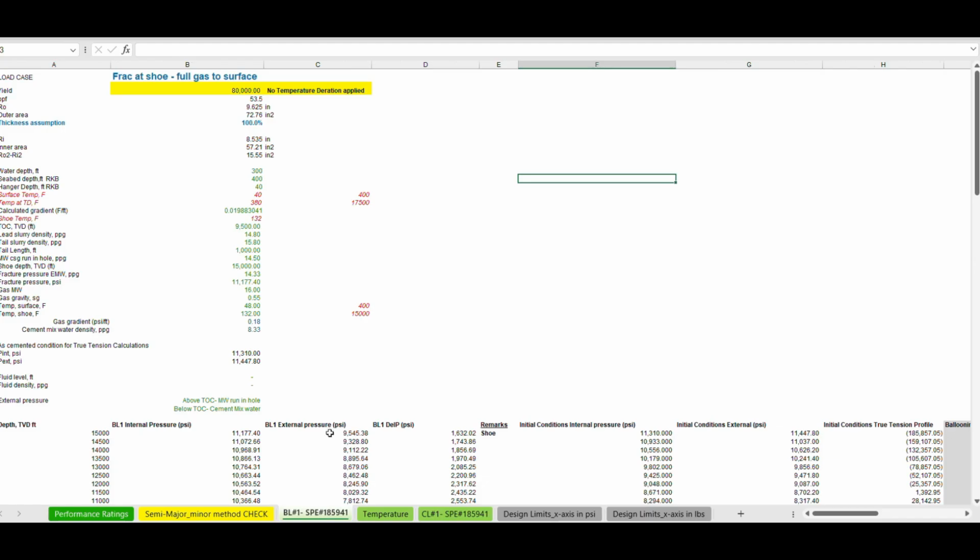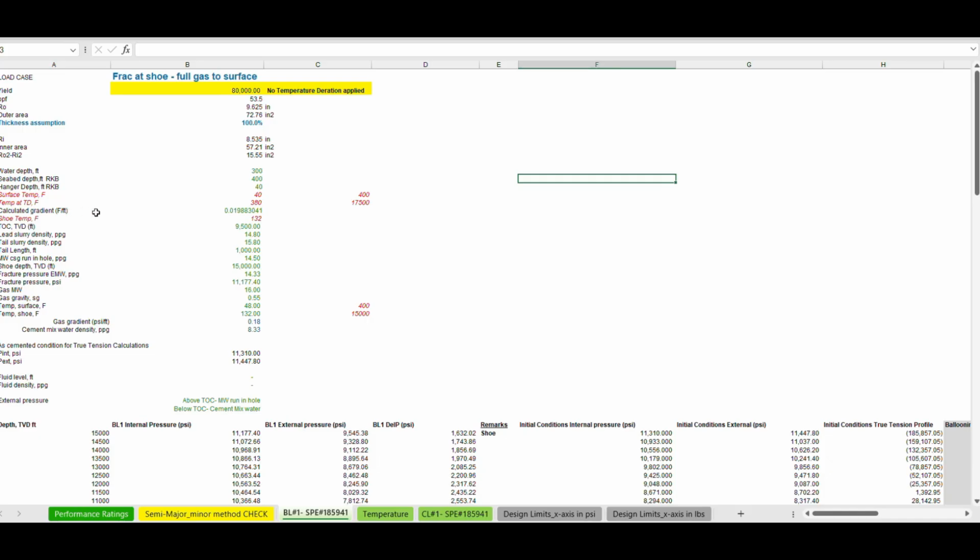For the load cases, to be able to test our design limit in Excel, I have used the SPE paper 185941 as reference. So I used their load cases. They had the load case of fracture at the shoe with full gas to surface, and then they had a collapse load case of loss of returns.